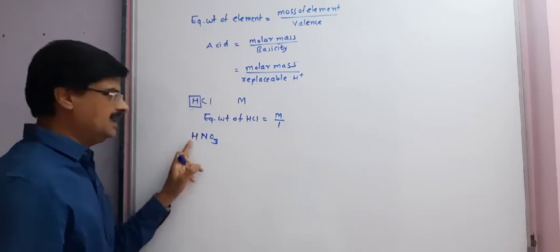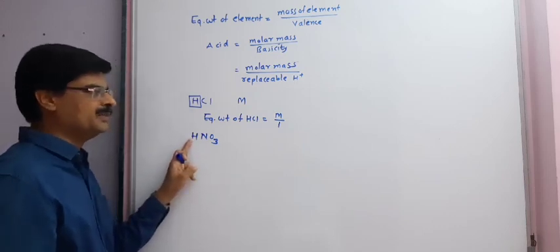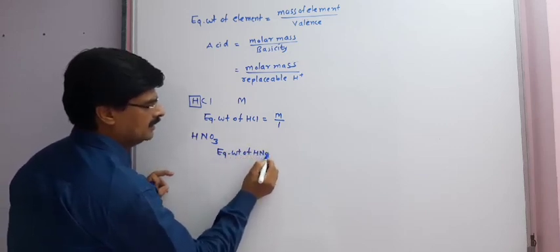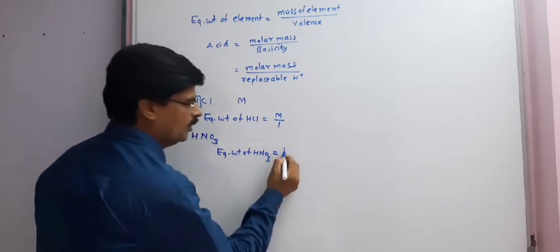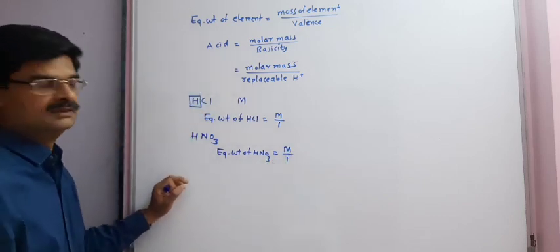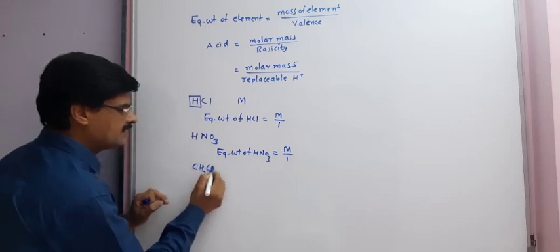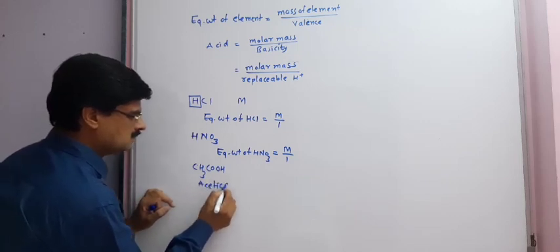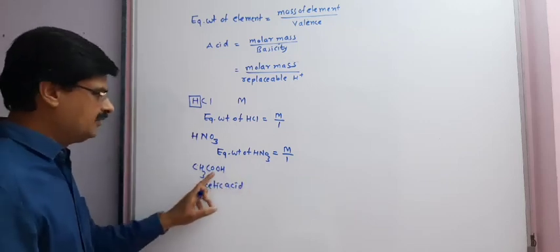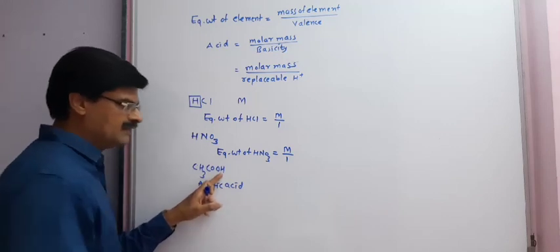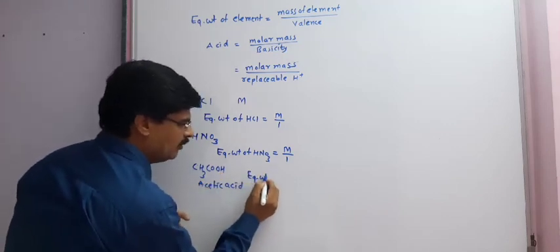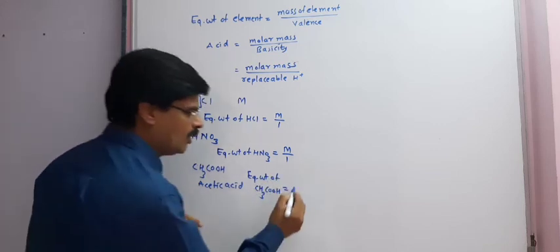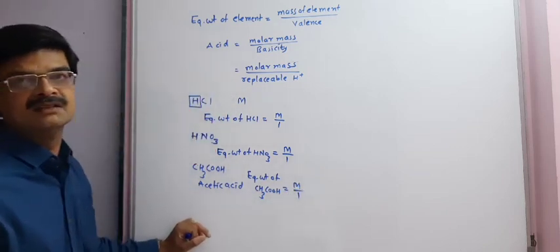again we can see that only one hydrogen is replaceable. So equivalent weight of HNO3 is also obtained when molar mass is divided by 1. Another acid, CH3COOH, acetic acid. As we can see, H is present one time, that is why equivalent weight of CH3COOH can be obtained when its molar mass is divided by 1.